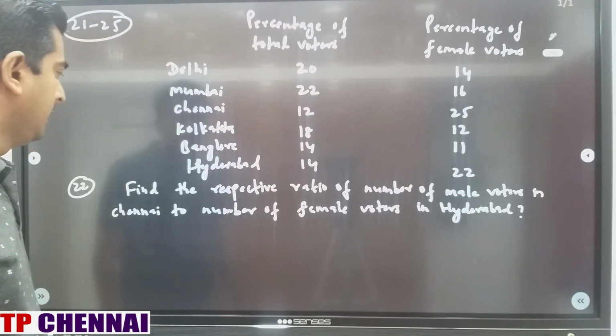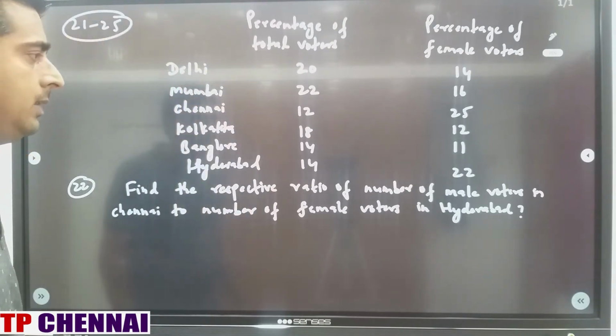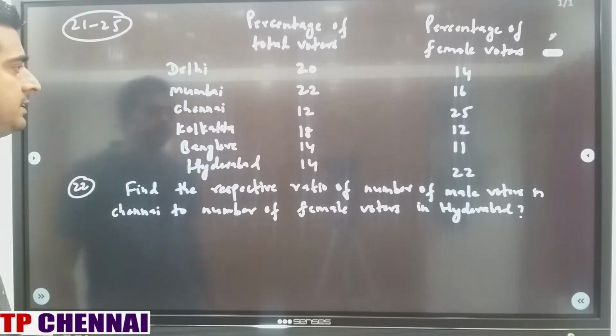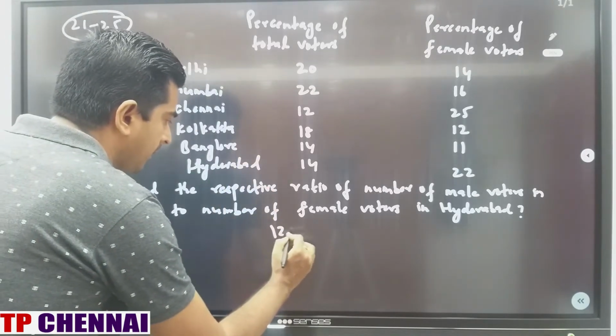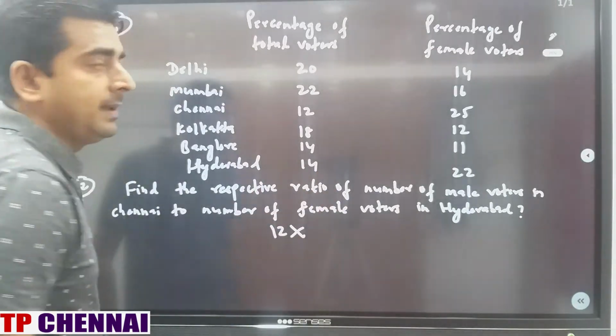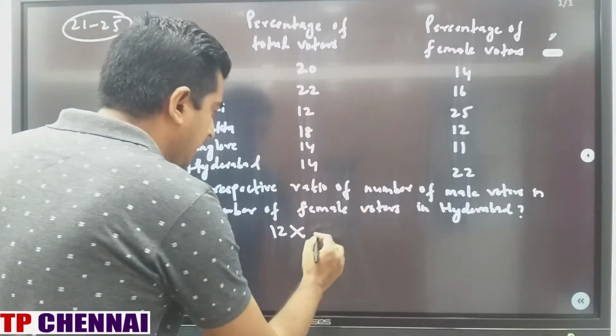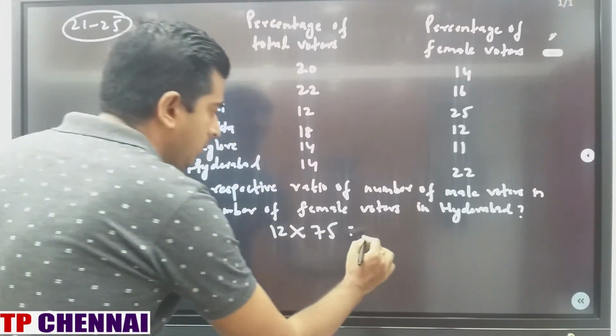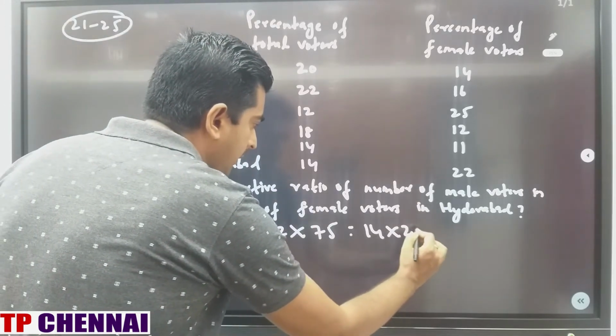Now we see 22. Find the respective ratio of number of male voters in Chennai to number of female voters in Hyderabad. Male voters in Chennai, so 12 into female is 25, so male will be 100 minus 25, 75. And female voters in Hyderabad, what is the value? 14 into 22.